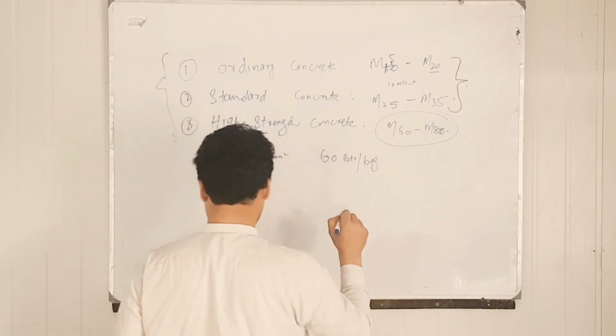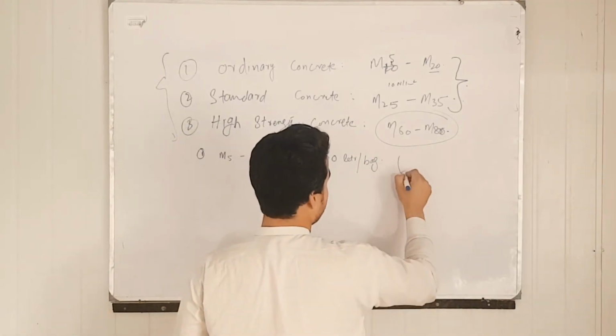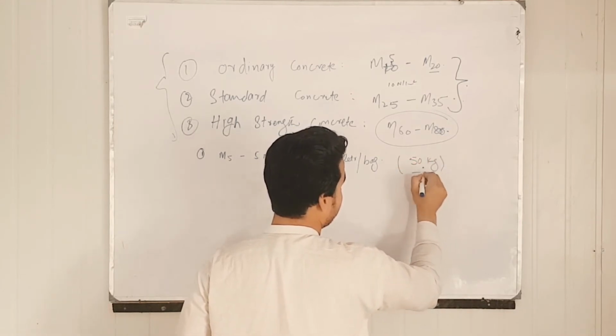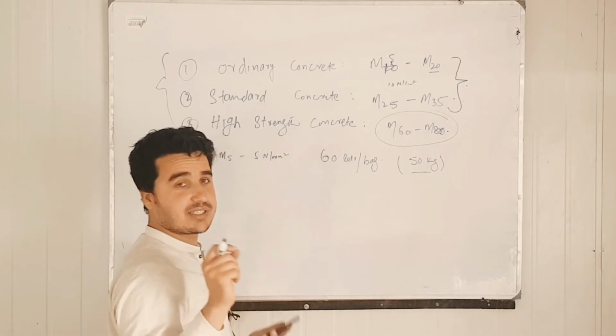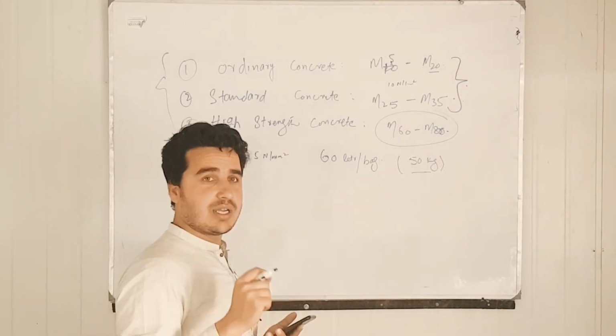You must keep this in your mind, that one bag of cement is equal to 50 kg. I am talking about the 50 kg bag, which is the standard bag that we normally use in our construction works.